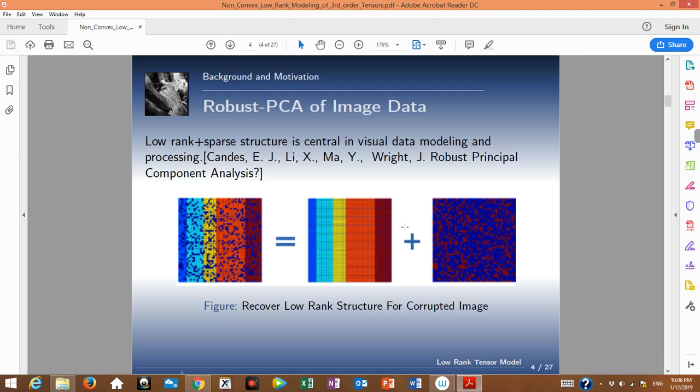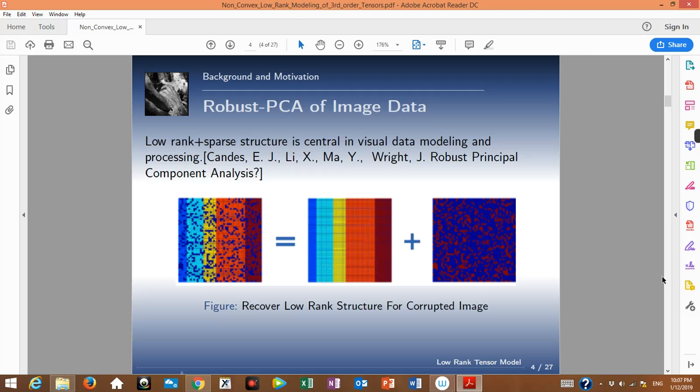Therefore, people introduced what we call robust PCA. Robust PCA is to recover not only the low rank background of the image, but also the sparse error. That is, we want to decompose a corrupted image into two parts: one part is low rank and one part is sparse.